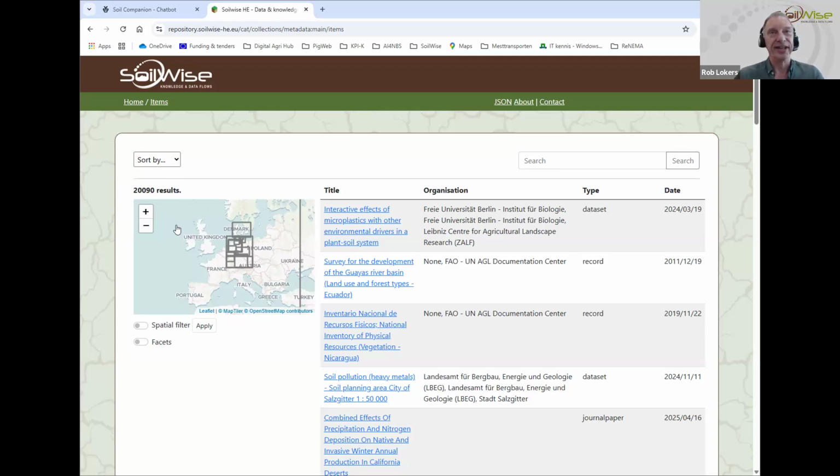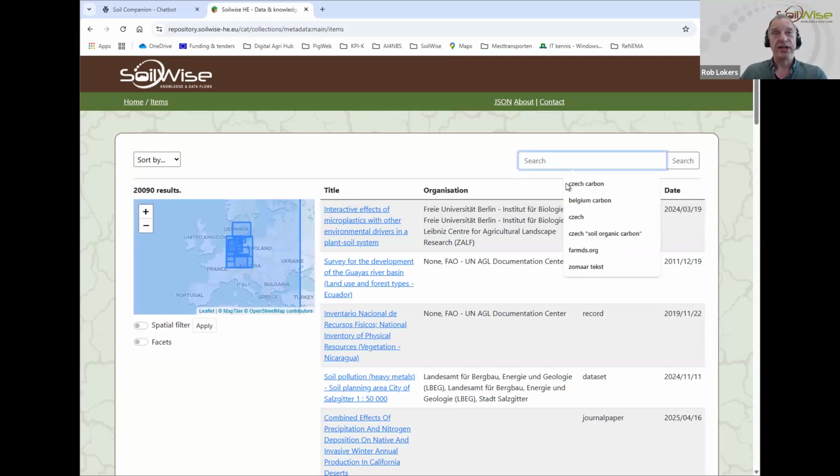So of course, the idea is that you are able to search for things. As an example, I could say, for instance, soil organic carbon in Belgium.